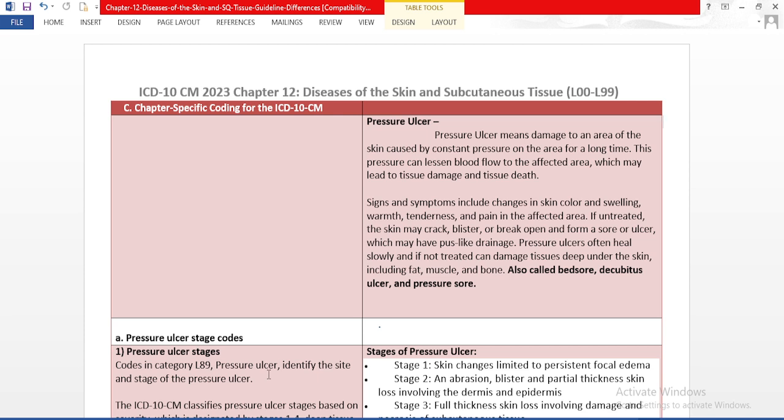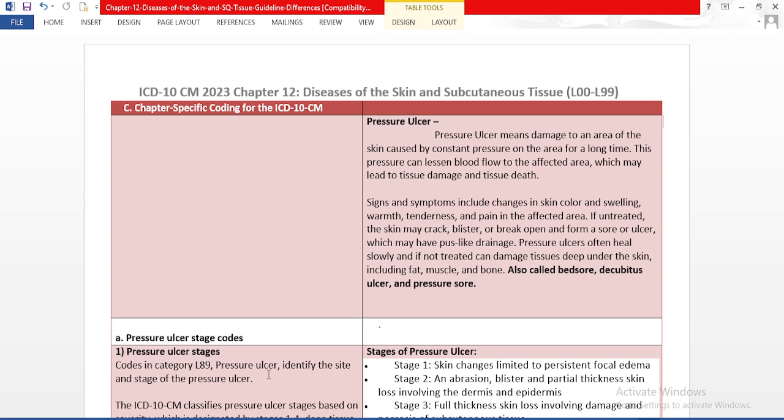So a pressure ulcer is the ulcer which is caused by constant pressure on the affected area. Because of that pressure, blood flow may be restricted and the tissue leads to damage or tissue death.